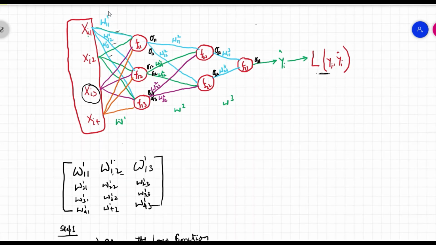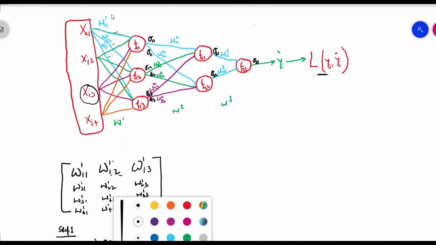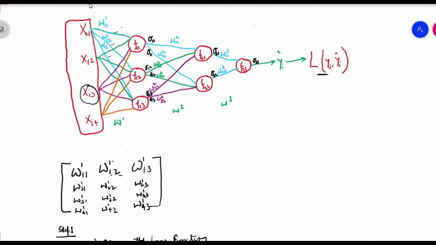this W111 is impacting the output O11 over here, and this O11 is impacting output O21 and output O22, and further this O21 is impacting O31 and O22 is impacting O31, and O31 then impacts our loss function.